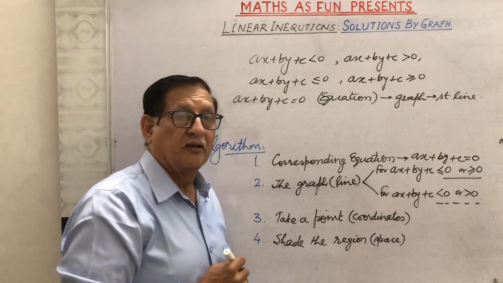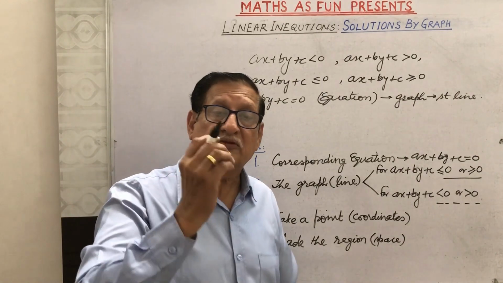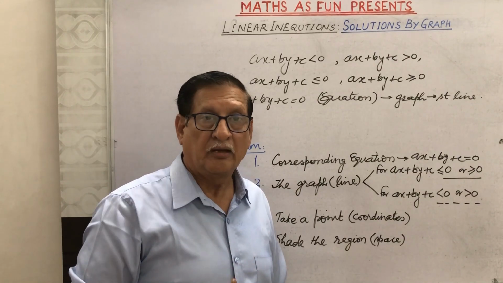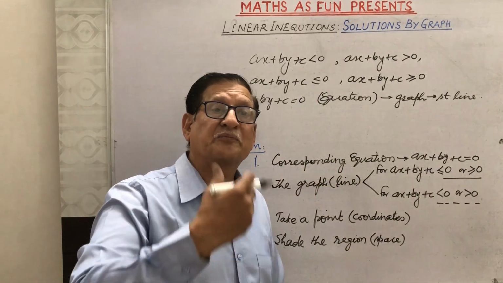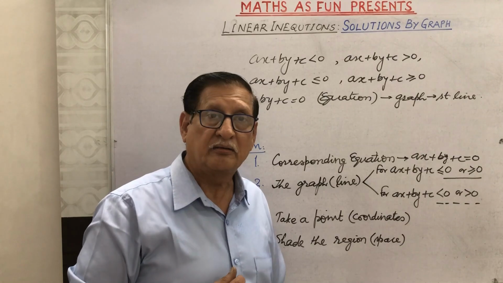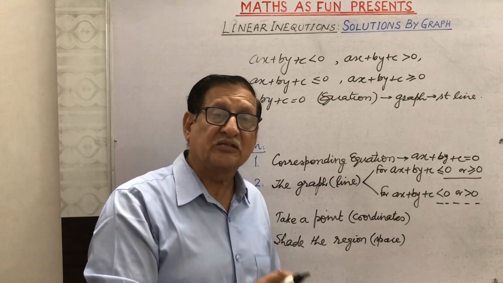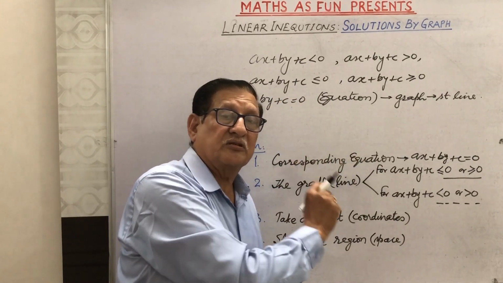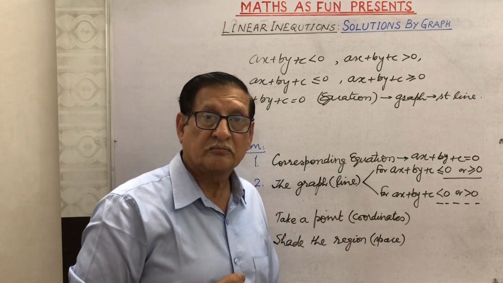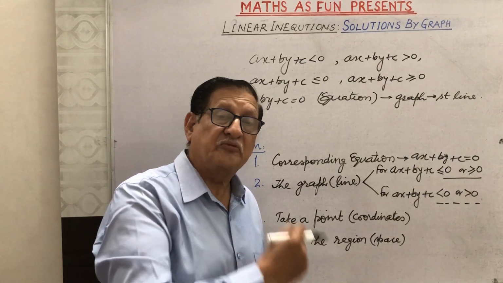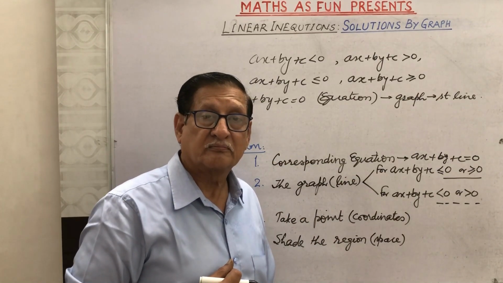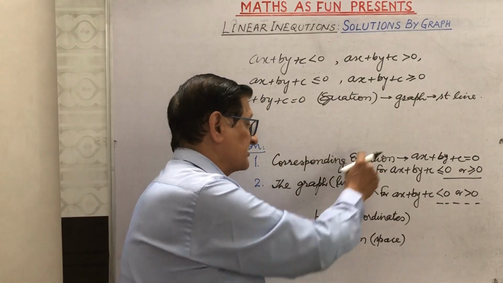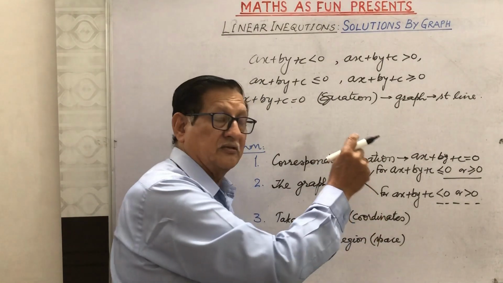Number 3. We will take the coordinates of a point in either of the spaces into which the xy plane has been divided by that line. The point should be such that it satisfies the inequality which we are going to solve. Then we will see in which space that point is lying.